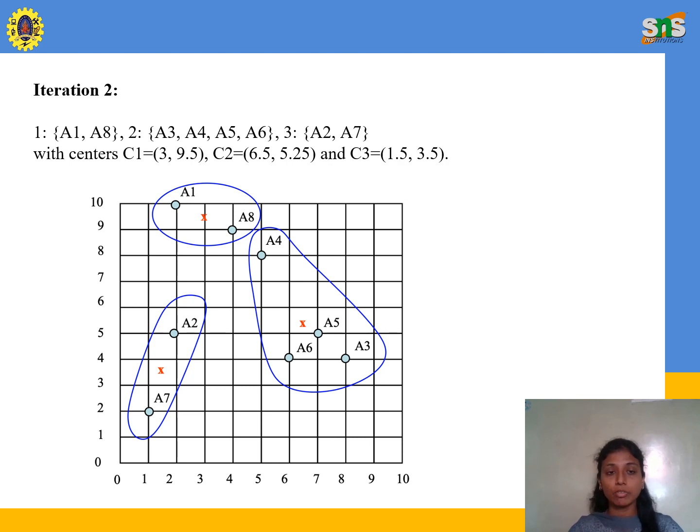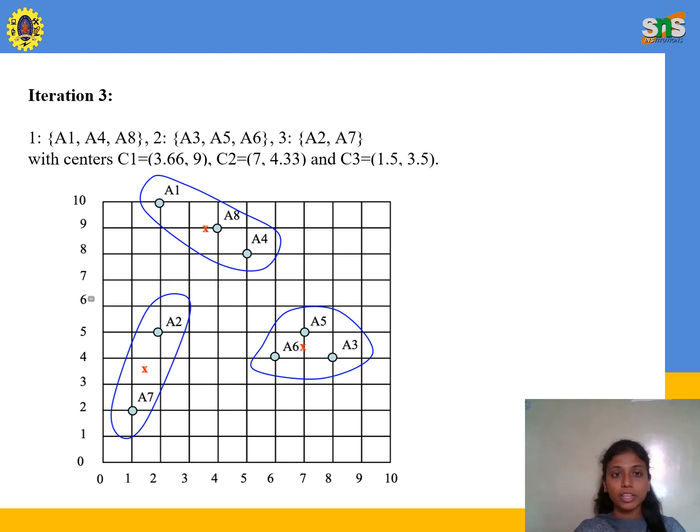With these, we have found the new centers: C1 is equal to (3, 9.5), C2 is (6.5, 5.25), and C3 is (1.5, 3.5). By these data points, we have plotted the points: A1 and A8 belong to cluster 1, A7 and A2 belong to cluster 3, and A4, A6, A5 and A3 belong to cluster 2, and the X marks are the centers.